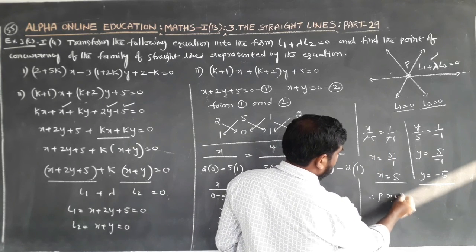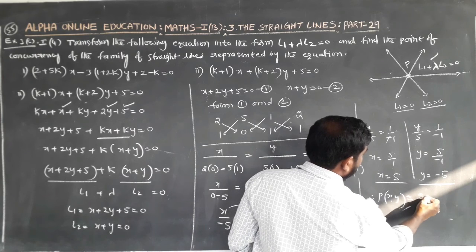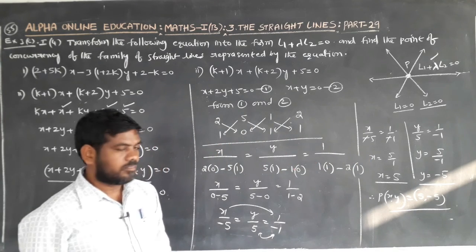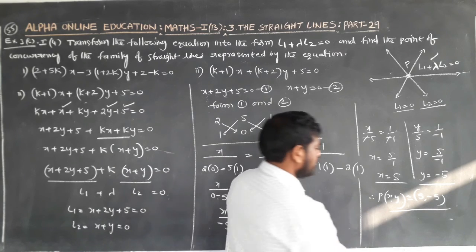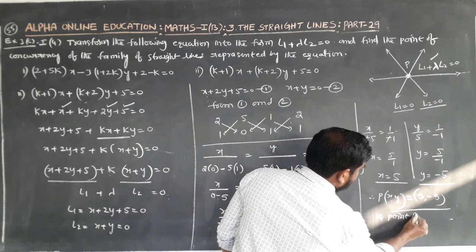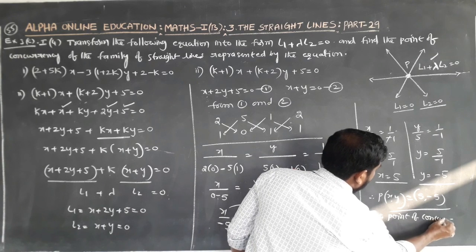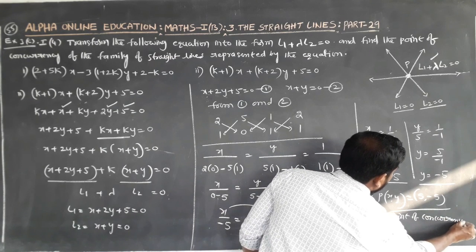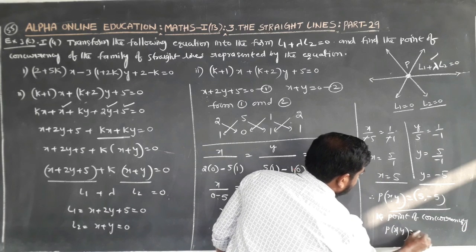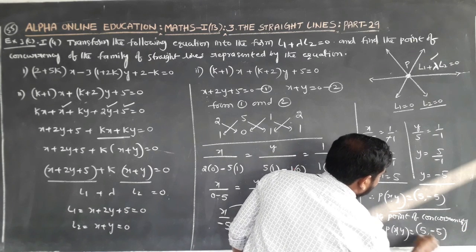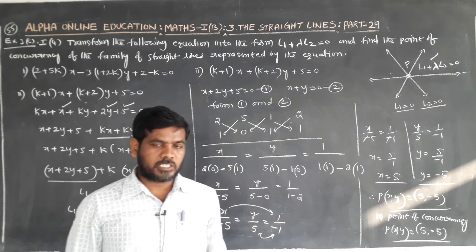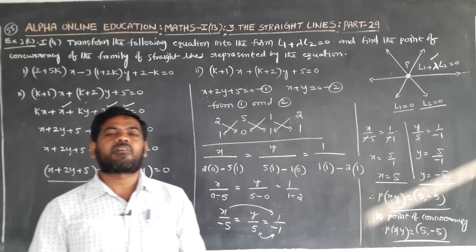Therefore, the point of concurrency is 5 comma minus 5. The point of concurrency P(x, y) is equal to (5, minus 5). This is the process for finding the point of concurrency.